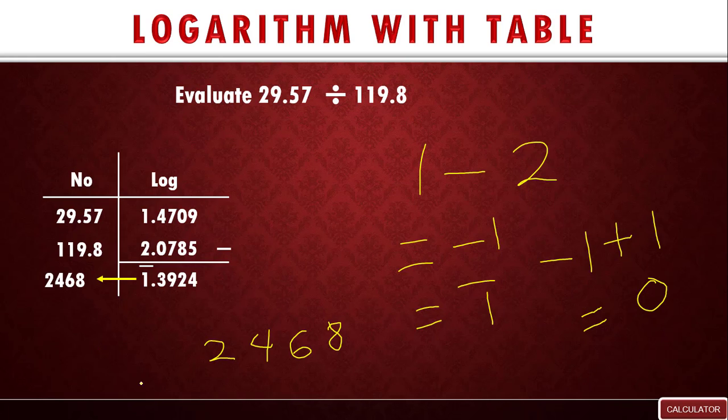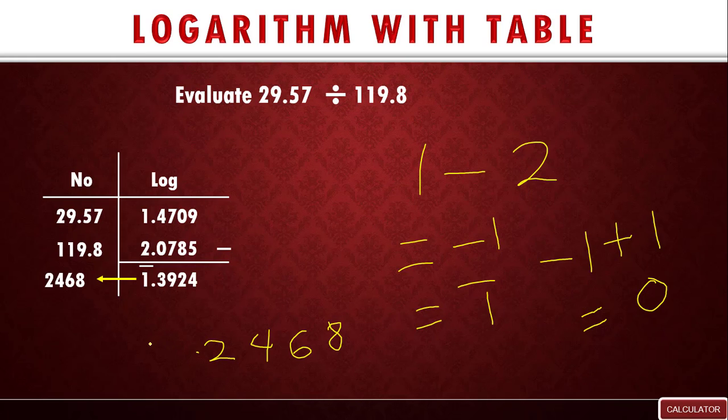So how do we locate that position? Since it's 0, that means we are supposed to count from this place. So all we need to do is just put our decimal here, since we got 0 as our characteristic. If it is bar 1, that means we need to count to the left-hand side.